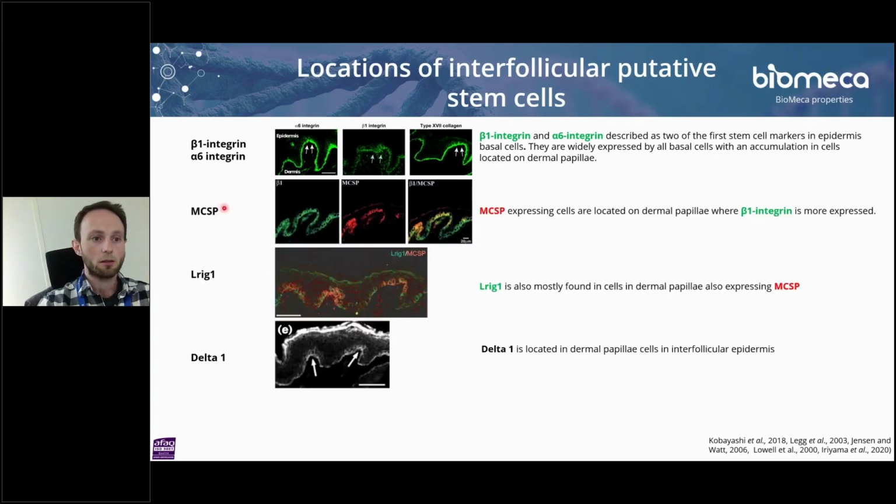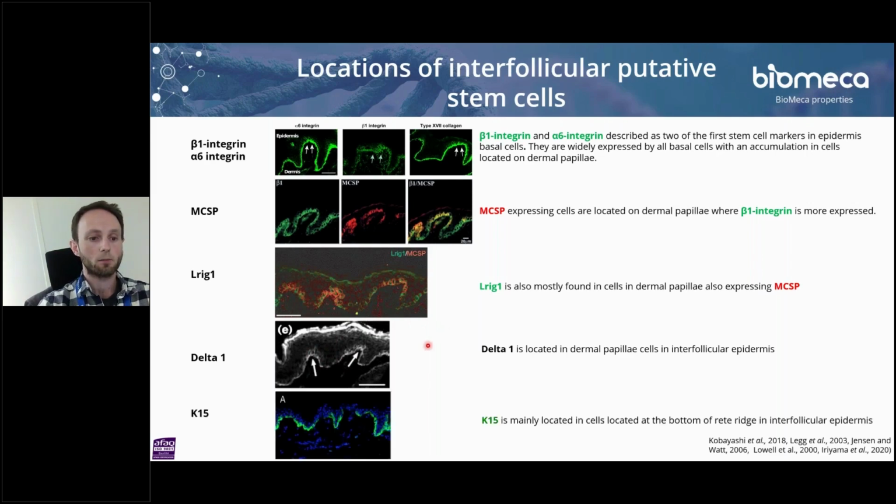In contrast, some proteins, such as MCSP, LRIG1, and delta-1, are only expressed in cells located at the level of the dermal papilla. So here in red for MCSP, in green LRIG1 that overlaps with MCSP, and delta-1 here in white.